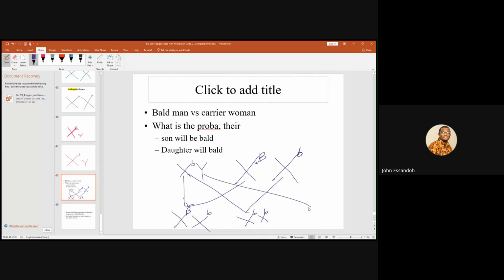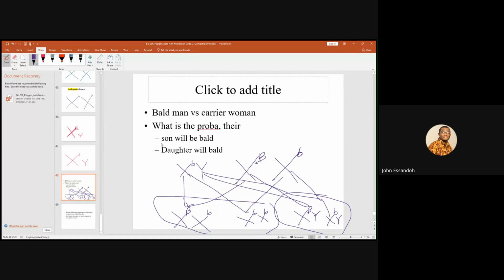And then we can get this one with this one, so you can get capital B and then your Y. There's nothing on the Y. And then Y, and this one, and this one. So here you can get the small b and then the Y. Great. So you can see that there are two sons here. These are the sons, and these are the daughters.